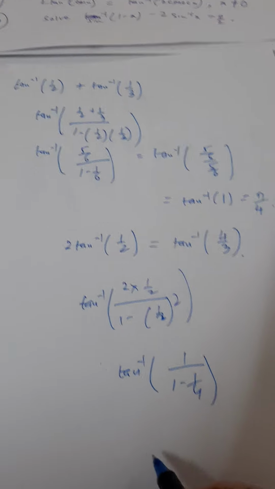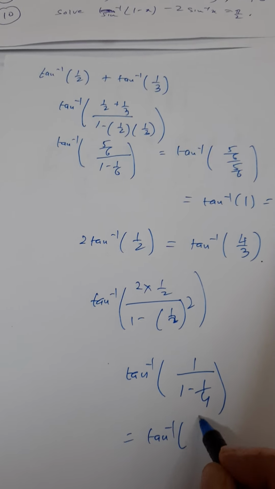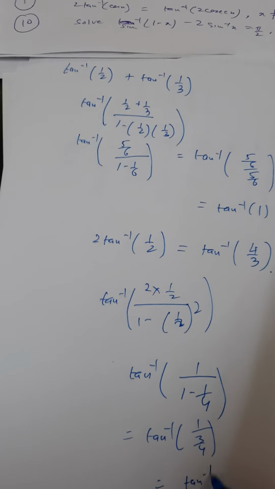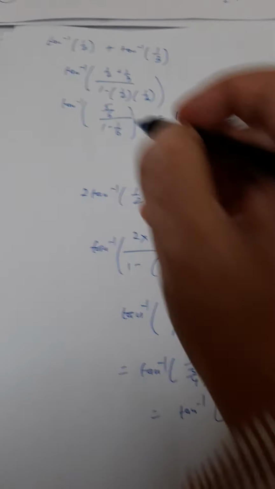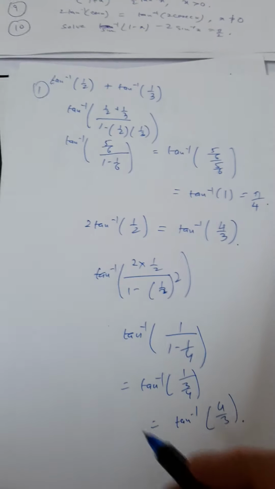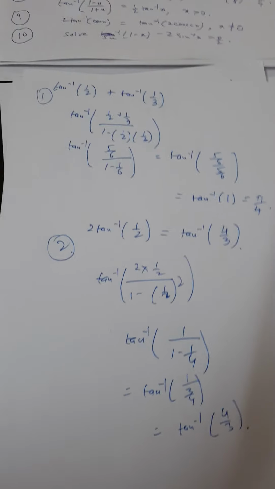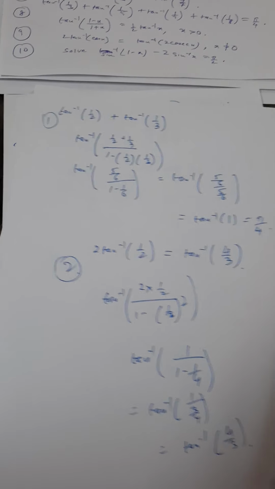That is tan inverse of 1 upon 3/4. That is tan inverse of 4 by 3. So this is your first question. This is second. Hope it's clear. I am proceeding further.